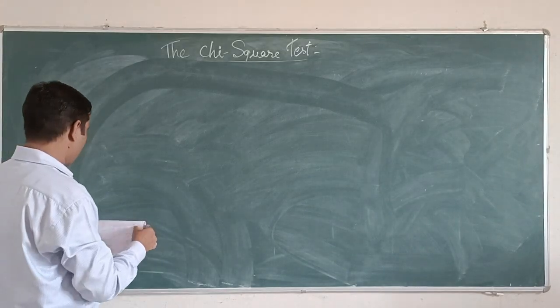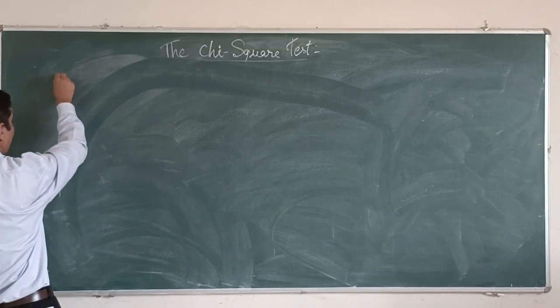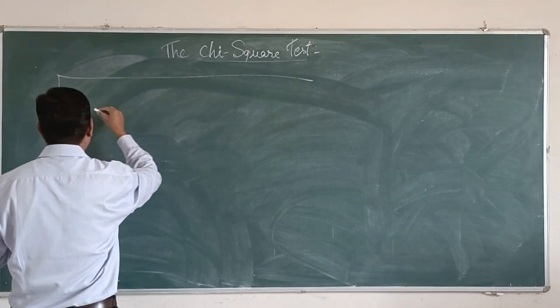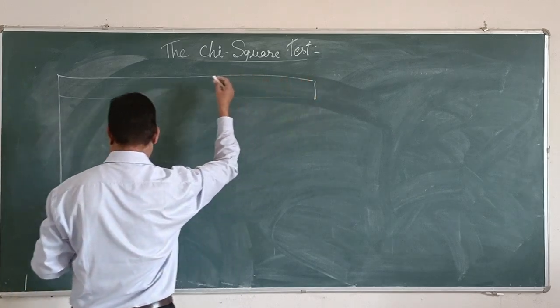Okay, now we can draw the table for it. All tables are basically the same, but it will depend on the value of df.